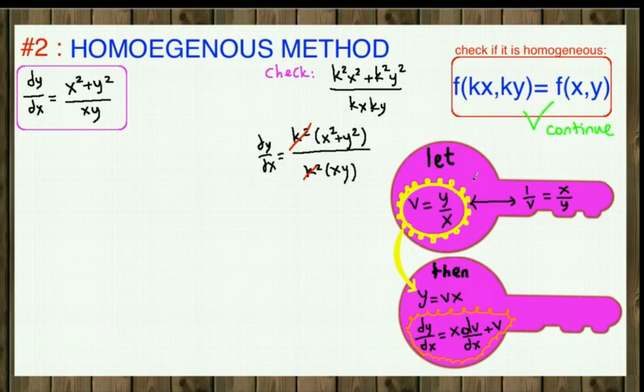Those are the key components that we're going to use in the homogeneous method. So you need to be very fluent on these keys because you're going to use them again and again.